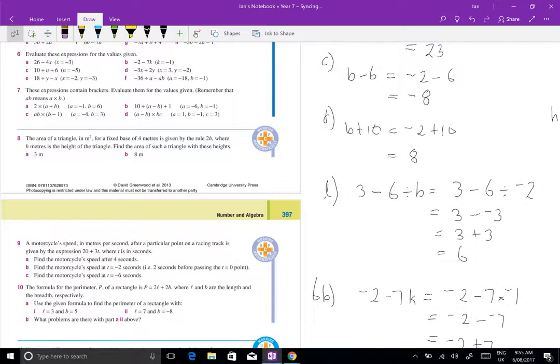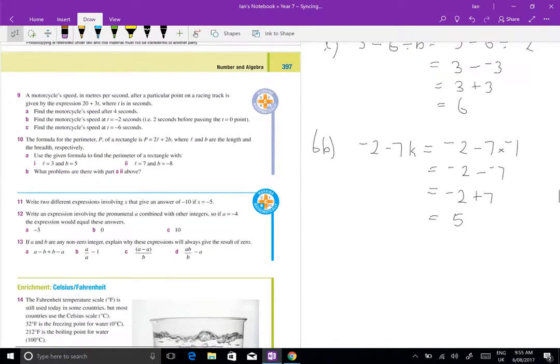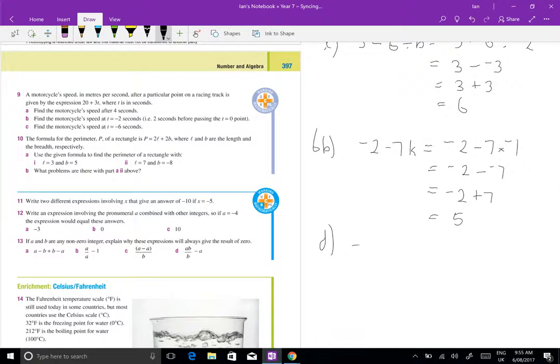All right, let's do D, -3x plus 2y. Well, let's go back and say what we're doing here. Here is our expression with two terms and two pronumerals. The pronumerals are the x and y. The two terms are -3x and +2y. There is no constant. The coefficient of x is -3 and the coefficient of y is +2. Okay.